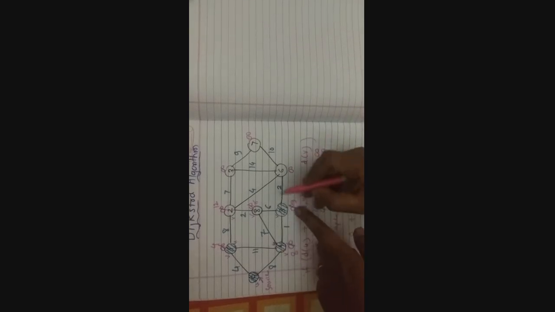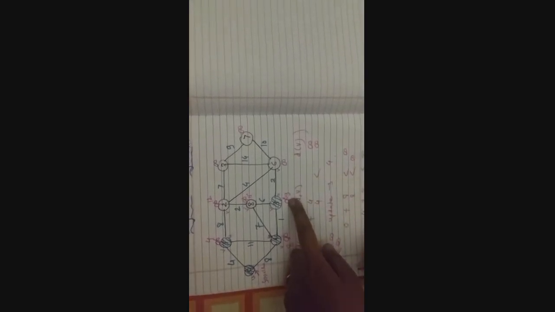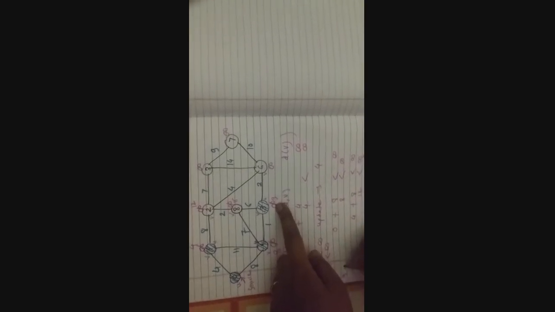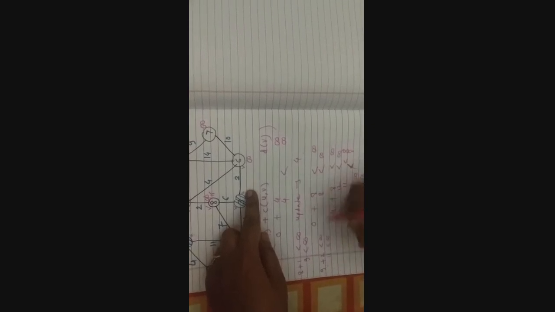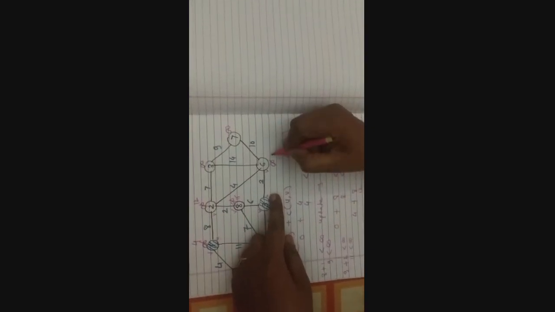Let's check from 3 to 6. Now this is u and this is v. What is the distance of u? Distance of u is 9 plus cost of u to v is 2. What is the distance? 11. 11 is less than infinity, so we can update this to 11.